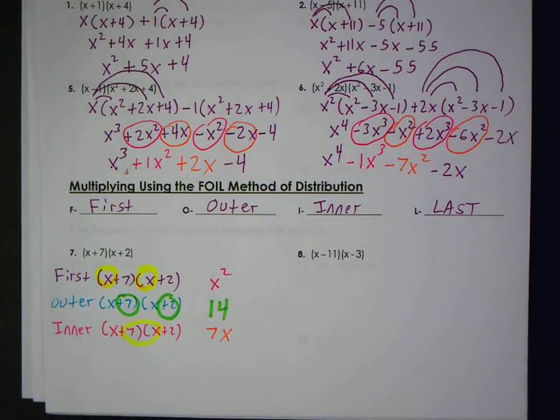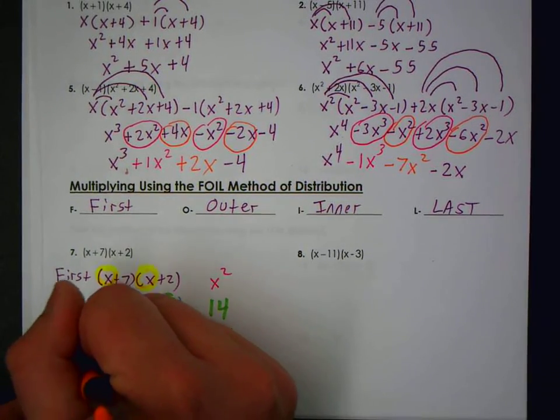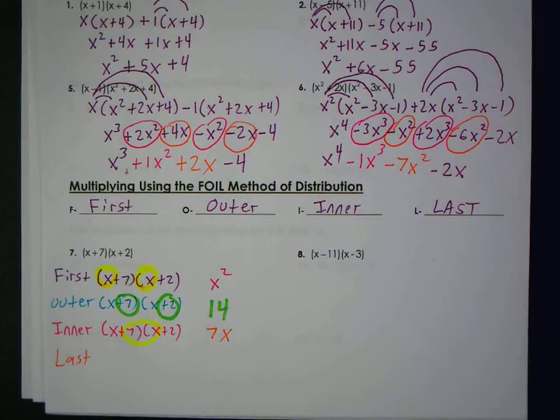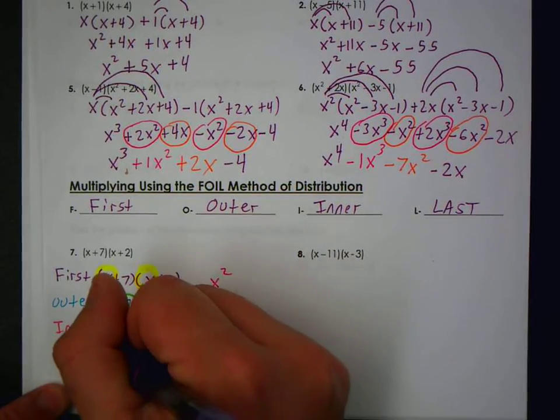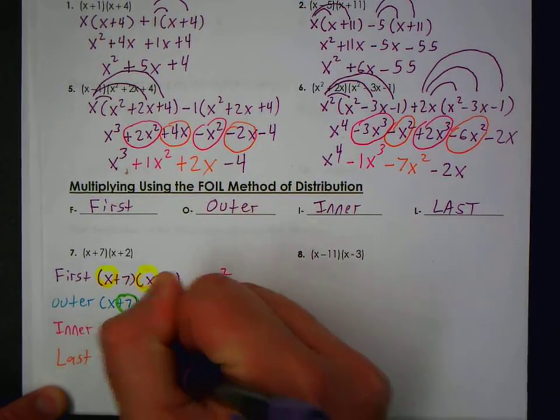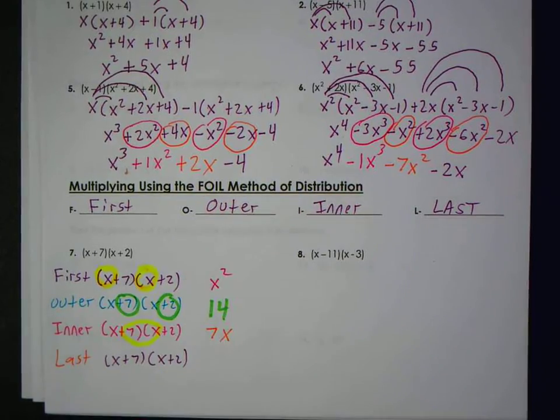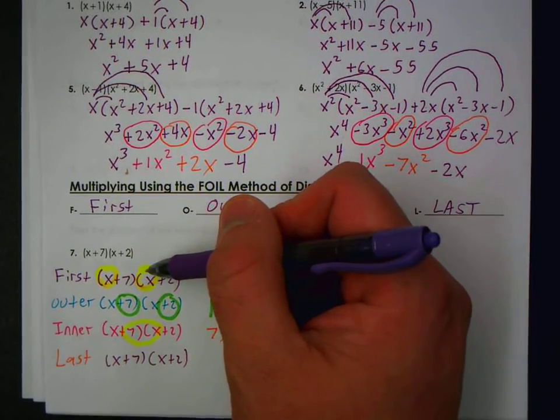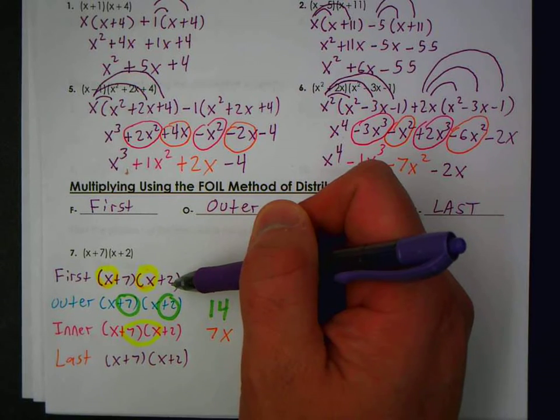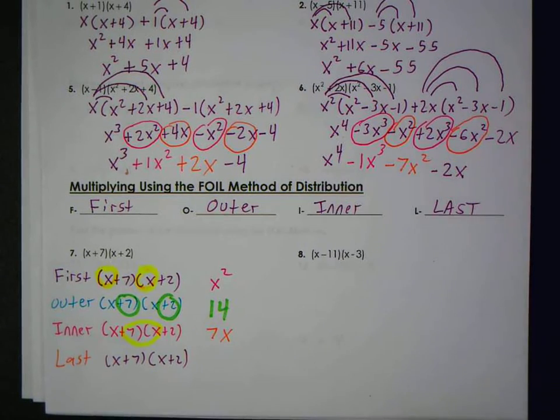And then last. I think last is actually outer, but what did I not put together yet? Well, every combination, I did x to x. Did I do x to 2 yet? No, I did not.